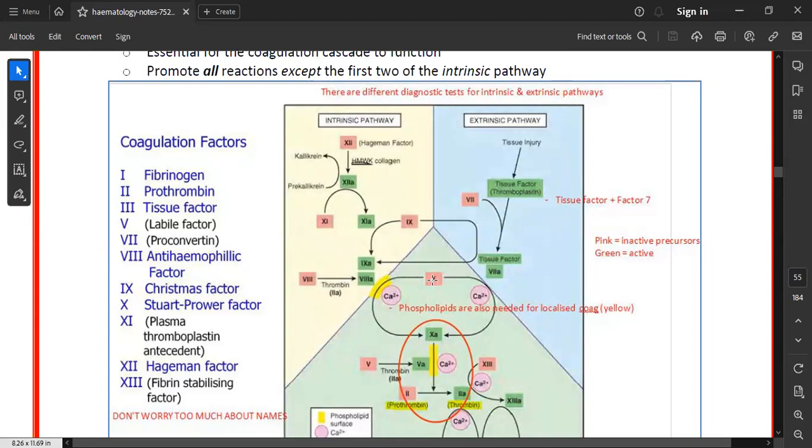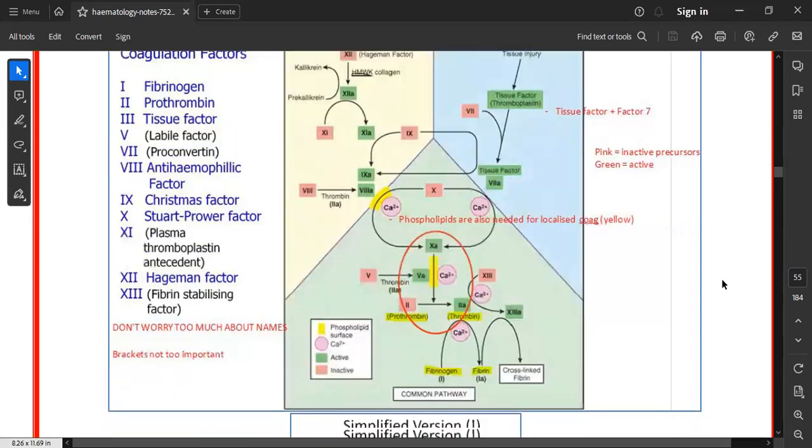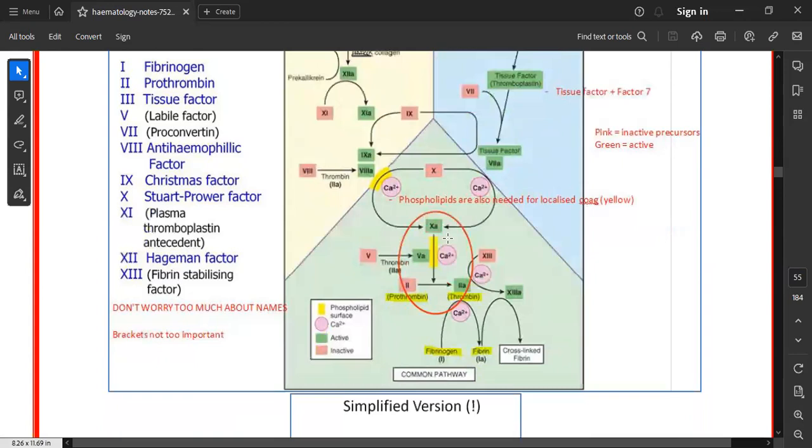Now factor 10 is activated to 10A. Once factor 10 is activated to factor 10A, factor 5 is a cofactor. It's not really a factor in itself, it's a cofactor.